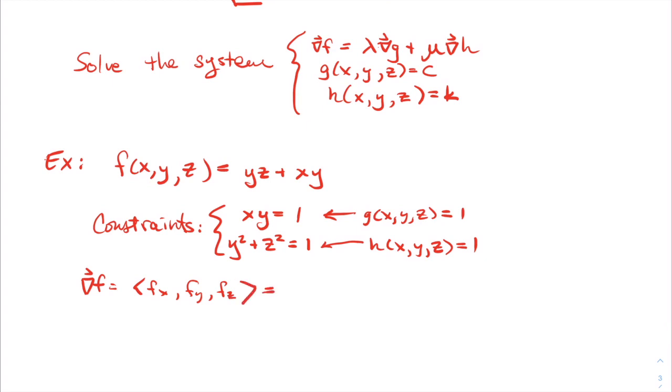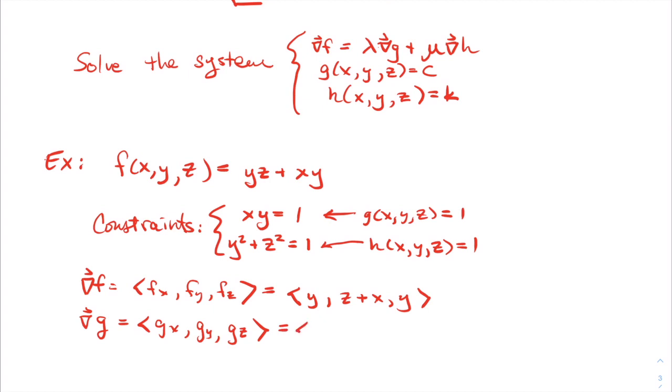Taking these partial derivatives, fx is y, fy is z plus x, and fz is also y. Now the gradient of g is going to be gx, gy, and gz.